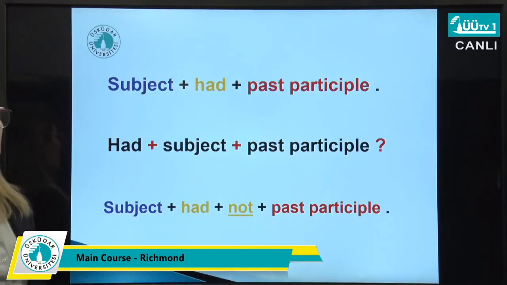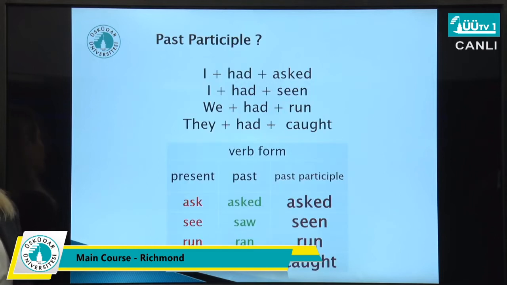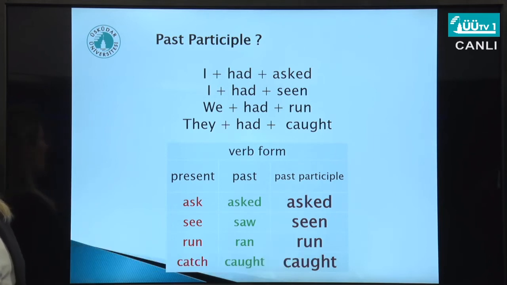You can see subject plus had plus not plus past participle. Do not forget to use the not after had. We have some examples: I had asked, I had seen, we had run, they had cut.